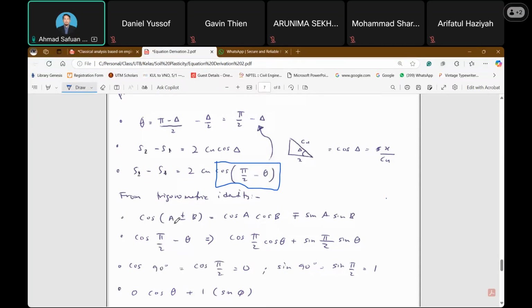Pi is 180 divided by 2, so it becomes 90.